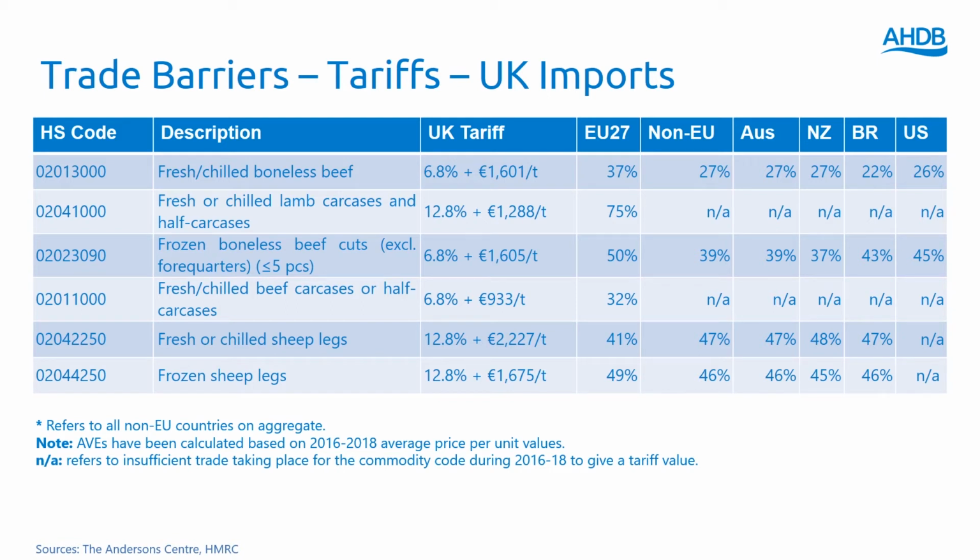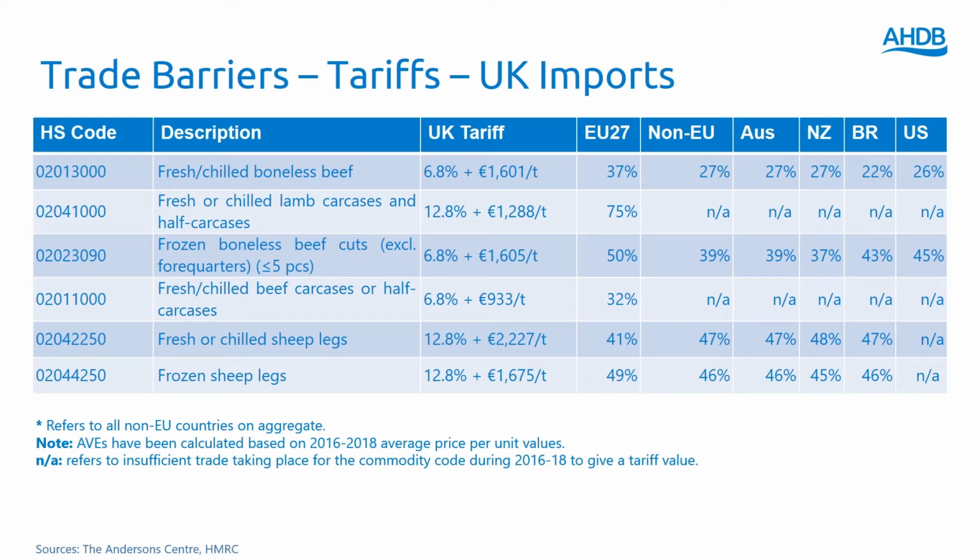Looking at lamb carcasses coming in, again, we've worked out the tariff from the EU27, or what would be imposed on EU27 product. Of course, the UK is proposing that its tariffs would remain the same as the EU Common External Tariff in the case of a no-deal Brexit. So that would result in a particularly high tariff in the case of lamb carcasses coming in from the EU27, equating to a 75% tariff level.